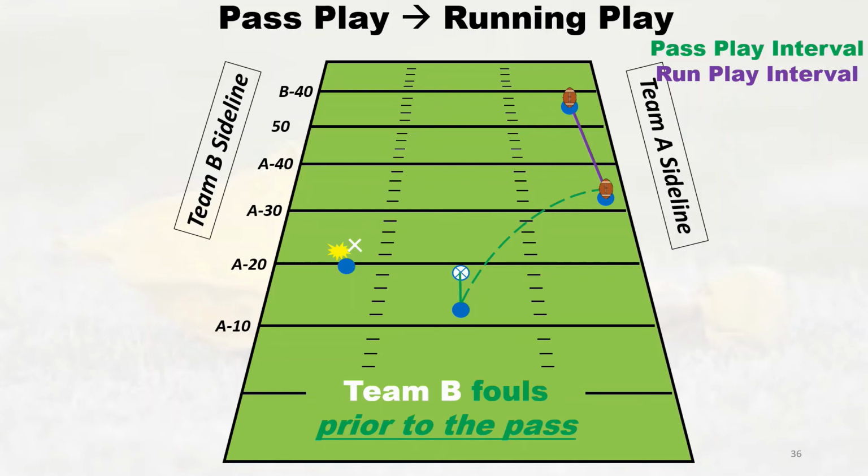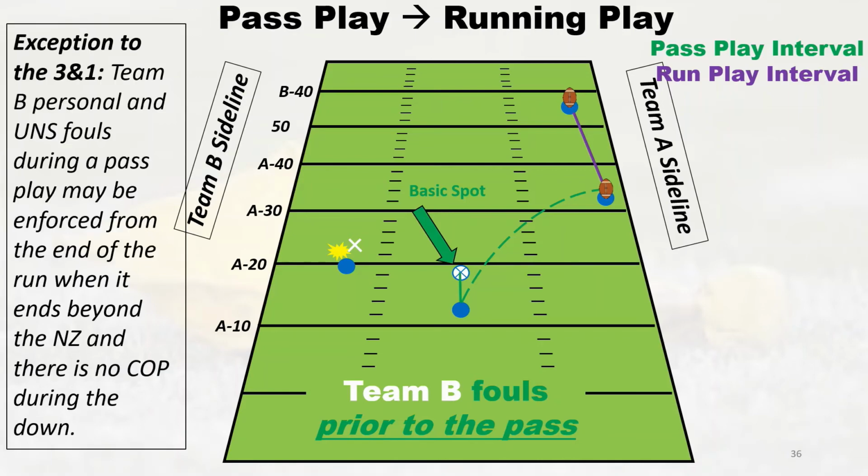That's meant to mean during the pass play portion of this down. So for pass play enforcement, our reference point is the previous spot. That's what we're comparing our foul position to, our basic spot. So the previous spot for pass play enforcement is our reference point, our basic spot.